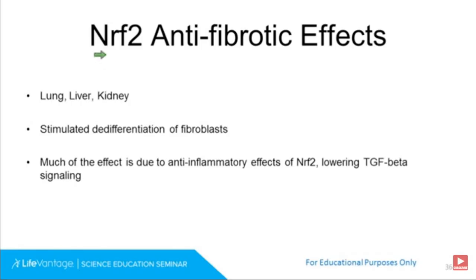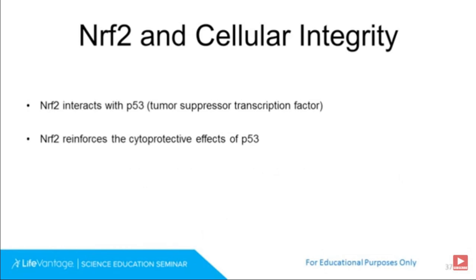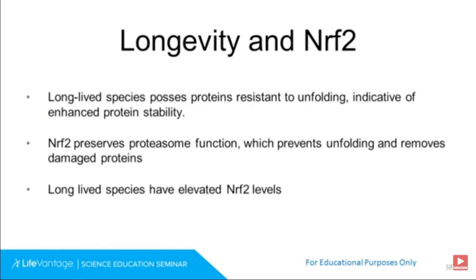Antifibrotic effects of Nrf2 have been proven in the liver, lungs, and kidneys, and that works through several other proteins. Regarding cellular integrity, there are numerous studies about how Nrf2 interacts with the p53 tumor suppressor transcription factor to protect cells against the development of certain types of cancer.